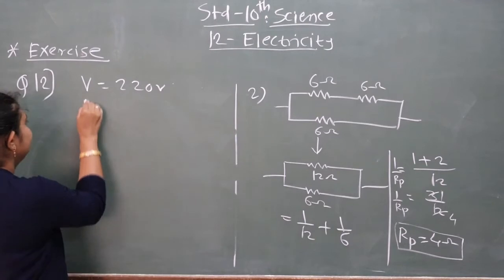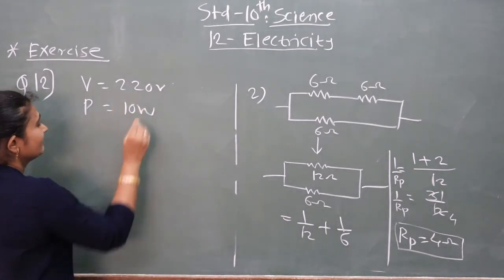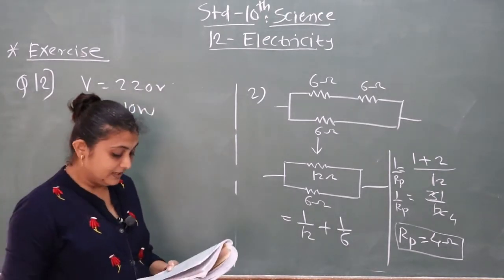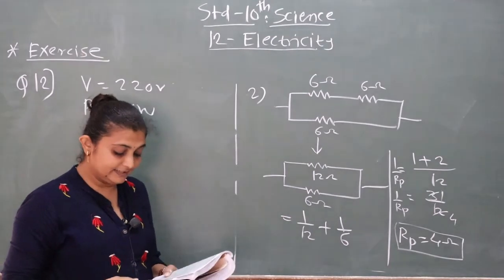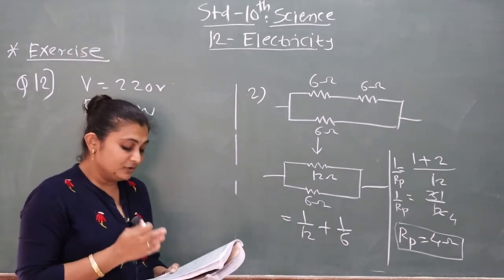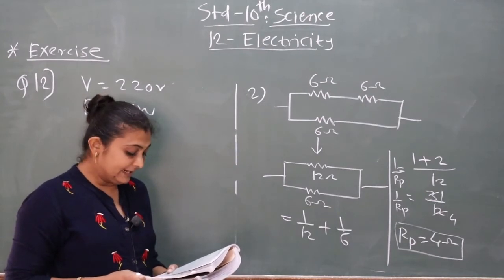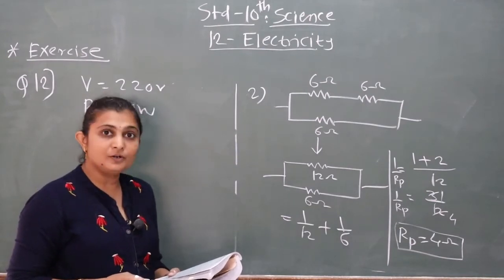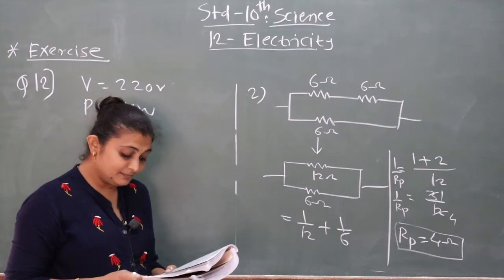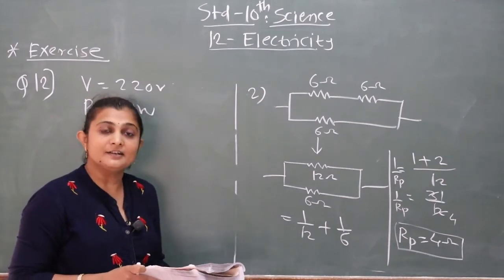Power is given 10 watt. How many lamps can be connected in parallel across the two wires of 220 volt if the maximum allowable current is 5 ampere?